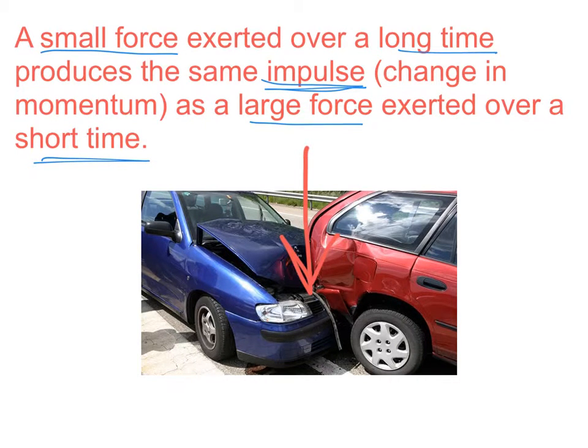So here, the crumple zones act to extend the length of time that the force is acting between these two cars. Instead of staying sturdy and stopping faster, we've extended that time by crumpling. And that reduces the force that is felt by the passengers in each vehicle.